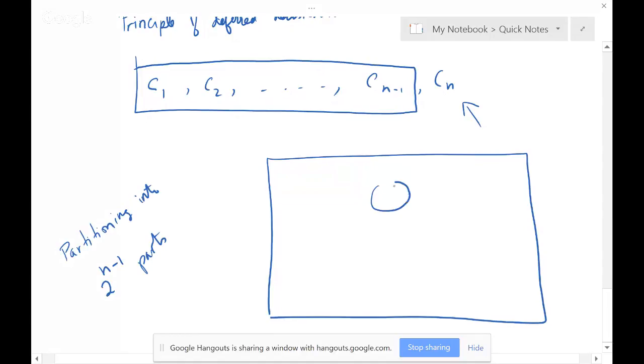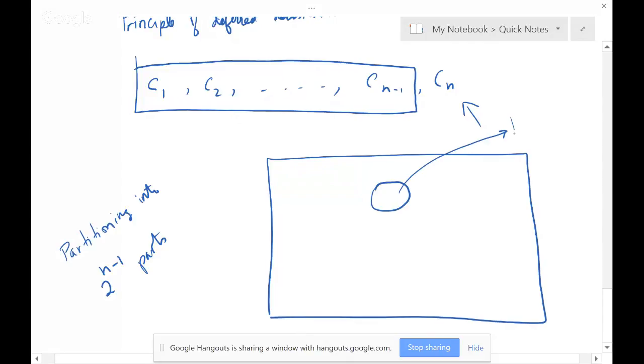What is that one such part going to look like? It is going to be the assignment of values C1 to Cn-1 as some specific sequence.